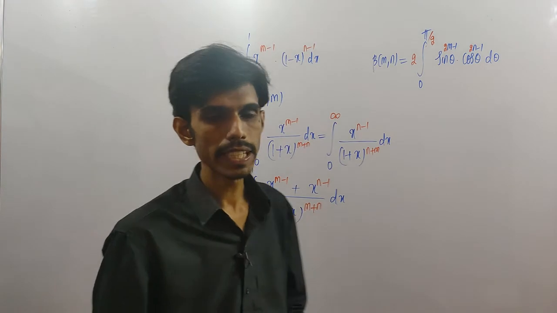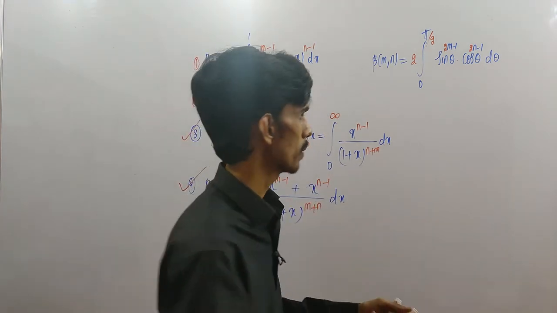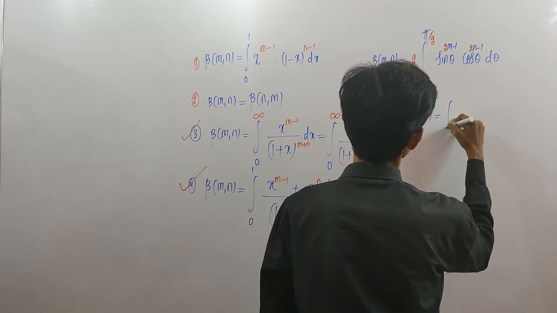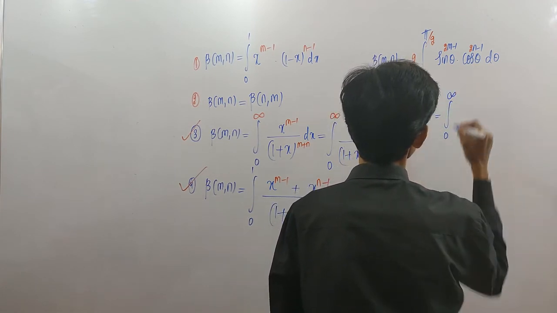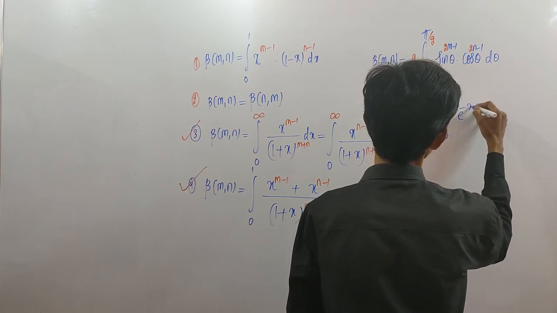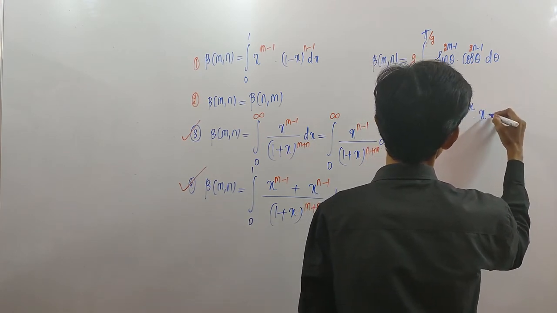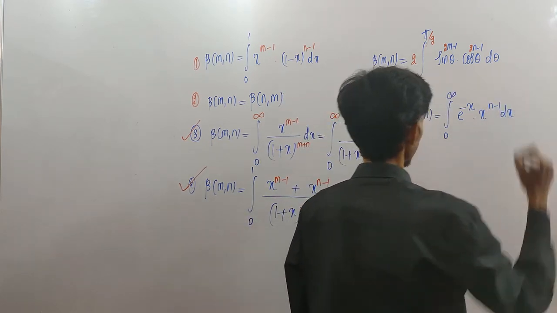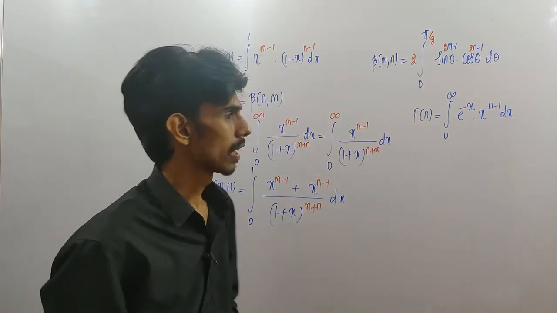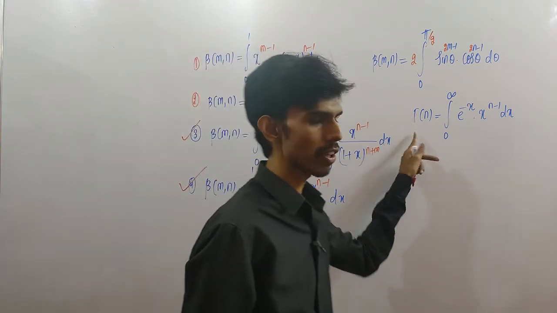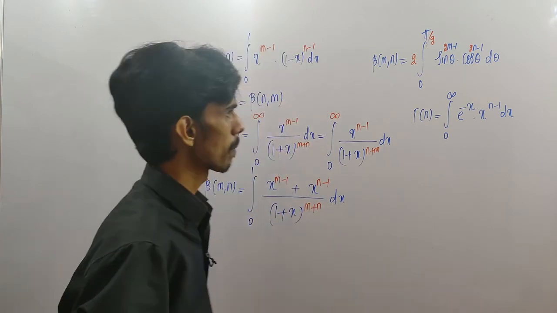Also, we have seen the definition of gamma function. We know that gamma of n equals integration 0 to infinite e power of minus x into x power of n minus 1 dx. We know this gamma function definition. You can see the videos of gamma function on I Plus Academy.